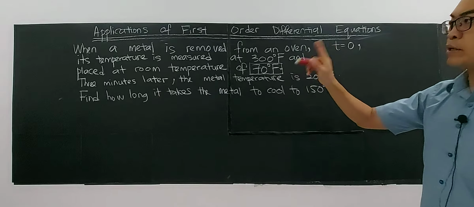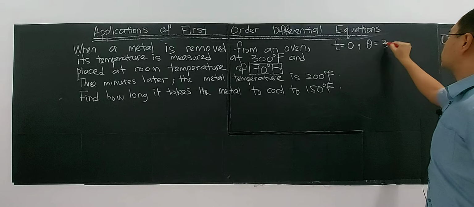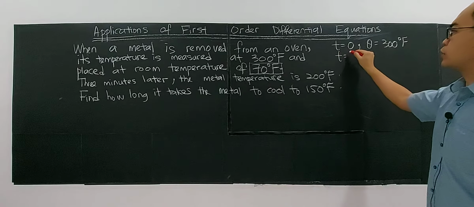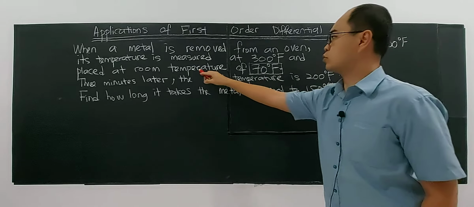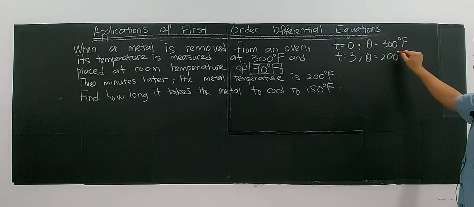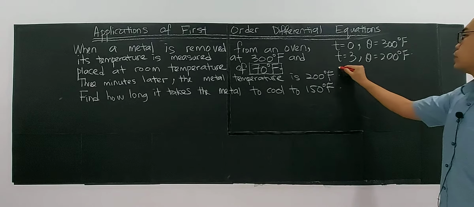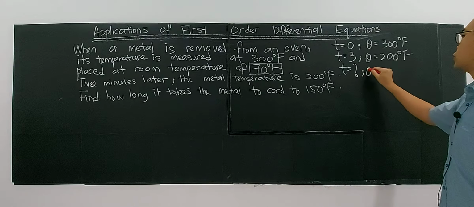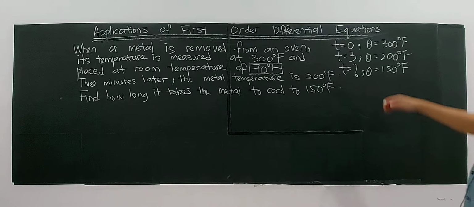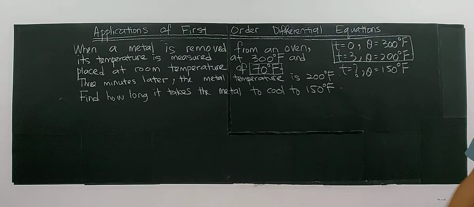When the time t is 0, the initial condition, the temperature of the object is 300 degrees Fahrenheit. After 3 minutes, the metal temperature reaches 200 degrees Fahrenheit. And the question here is how long it takes for the temperature to reach 150 degrees Fahrenheit?